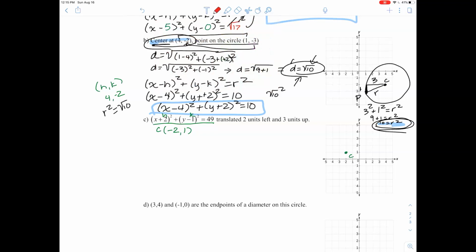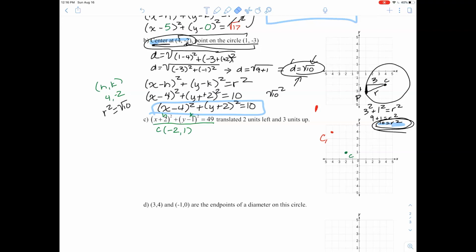I'm going to use my red pen here to translate it 2 units to the left and 3 units up, 1, 2, 3, and that's going to be my center prime, which means the prime is kind of like an exclamation point without the dot at the bottom. So C prime just means that I'm relocating. It's not my original, but it's an image of my original.